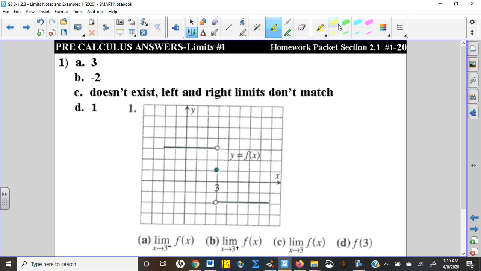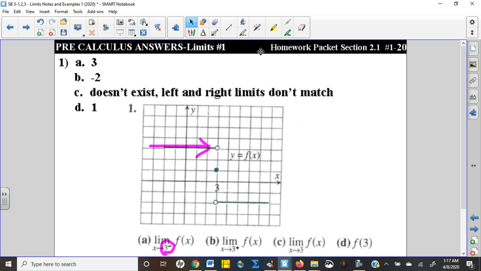So here we go. As we approach 3 from the left, from the negative side, what height am I at? Well, it looks like I'm at a constant height of 3, and that's why the answer up here is 3.